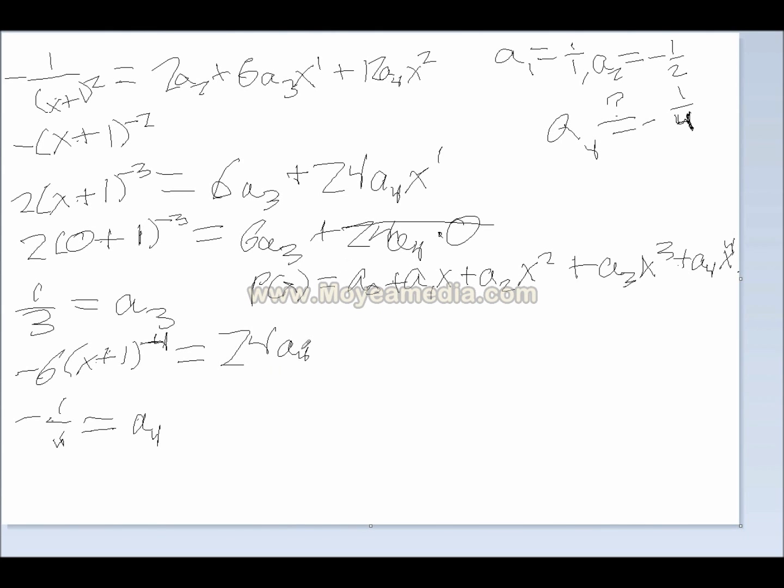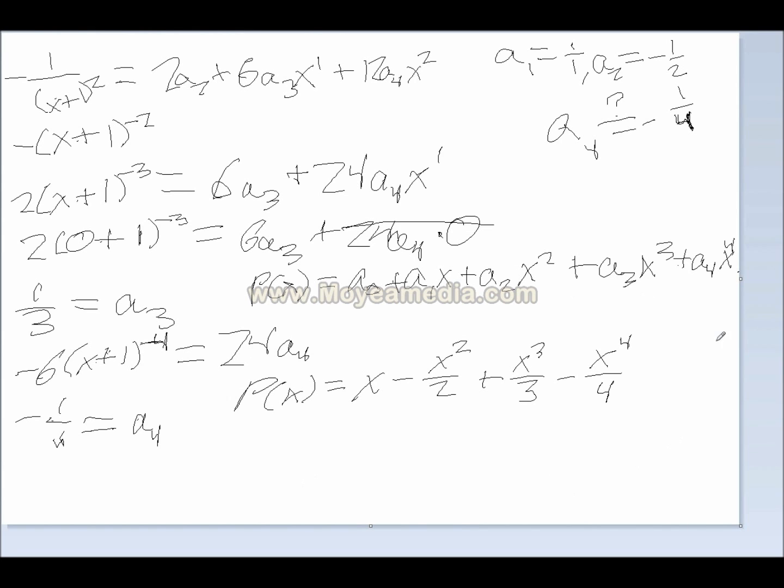A sub 0, of course, was 0, so p of x equals 1 over 1 is just 1, so x minus, because we have a negative up here, x squared over 2 plus x cubed over 3 minus x to the 4th over 4.